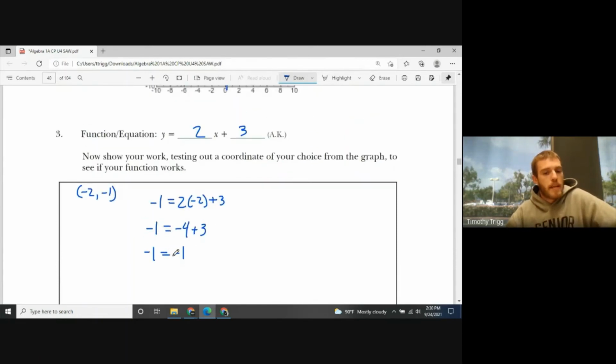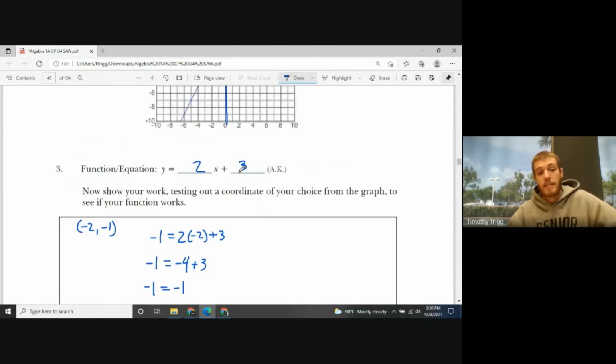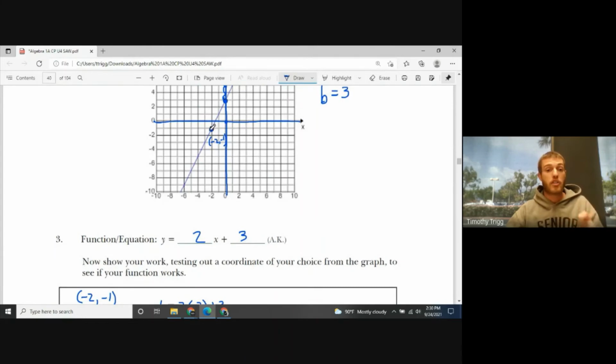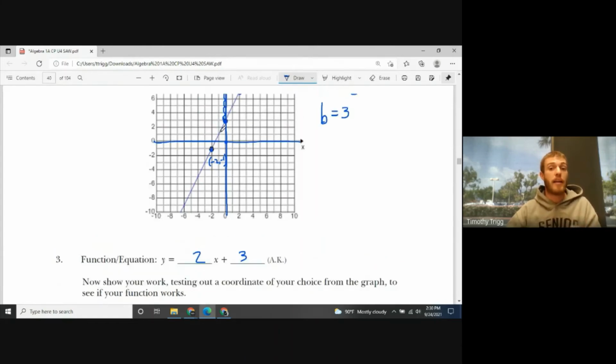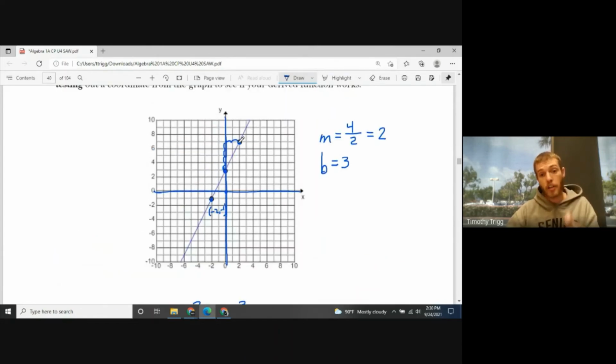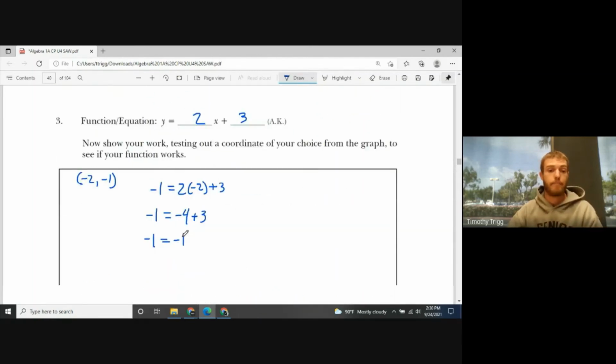Then once you've double checked that, I would make sure that the equation is correct, okay? Because either the equation's wrong or the way you plugged in the point is wrong. Also, you can make sure you're actually plugging in a point from the line. It has to be a point on the line in order for you to test it.